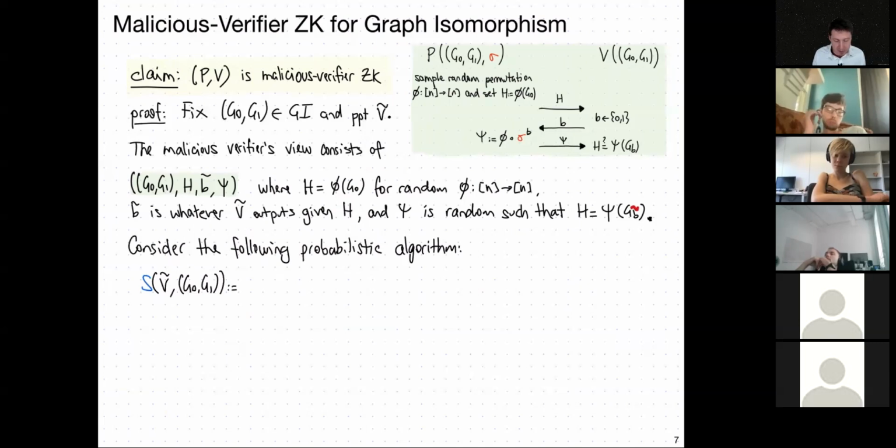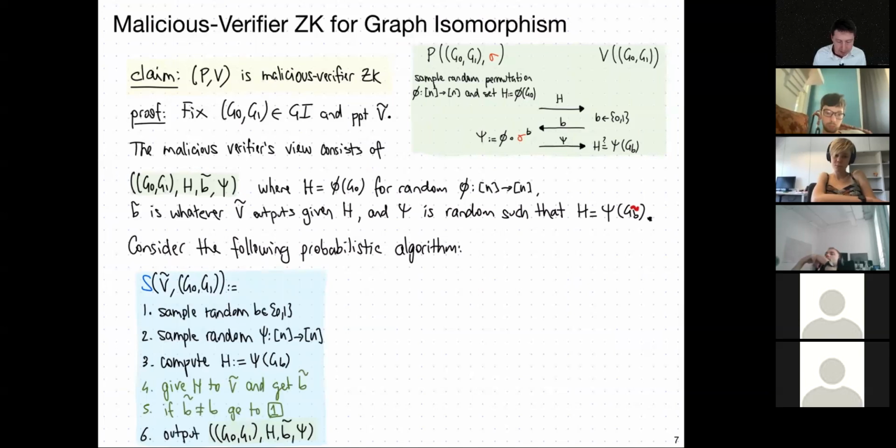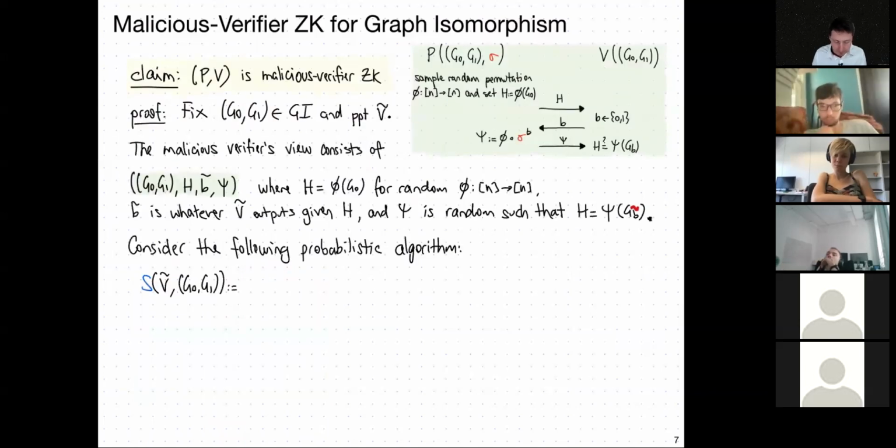Now, the simulator has a feature where we're just going to guess first. So for the simulator, the point is that it might be pretty hard to figure out what this bias is, or how the very malicious verifier reasons about deciding how to pick its bit.